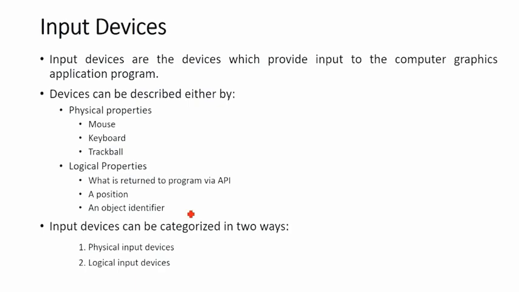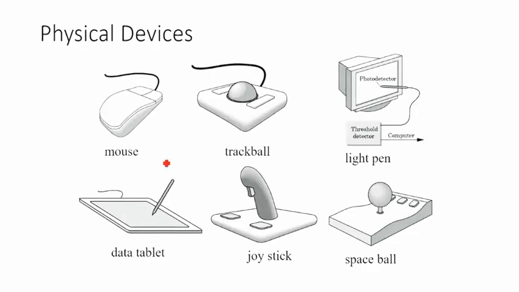The physical devices are these. You guys have almost known about it. The mouse or the trackball, they are basically relative positioning devices. Your trackball is similar to your mouse. If you have seen olden days mouse, there used to be a ball instead of the laser below the mouse that could capture the motion and velocity of the mouse, right?